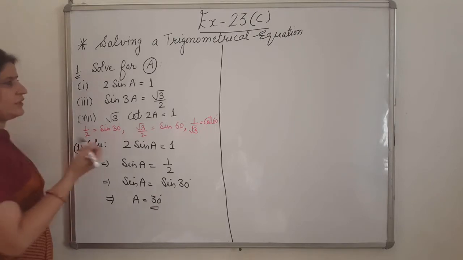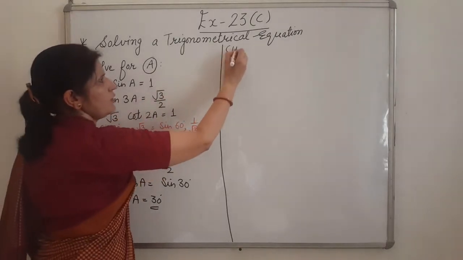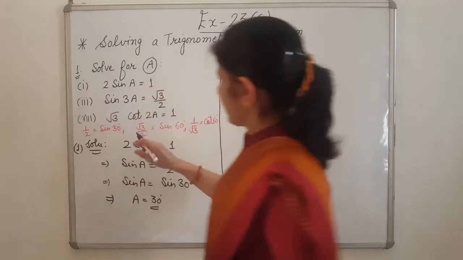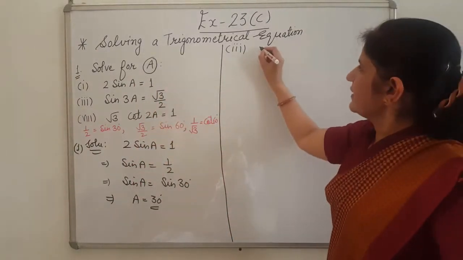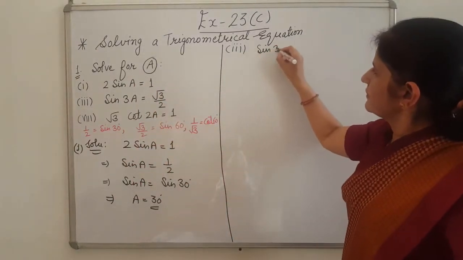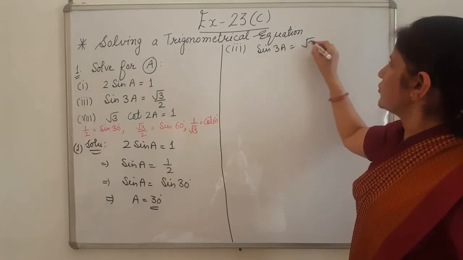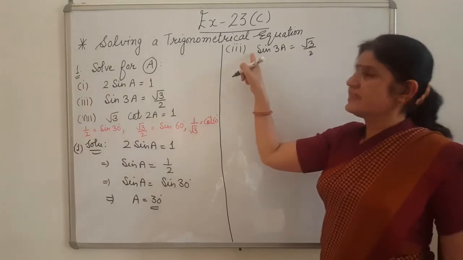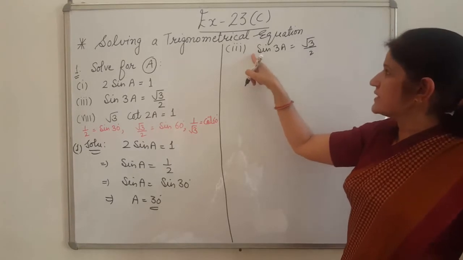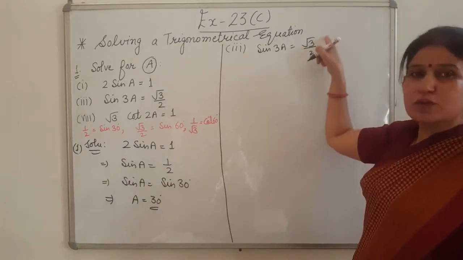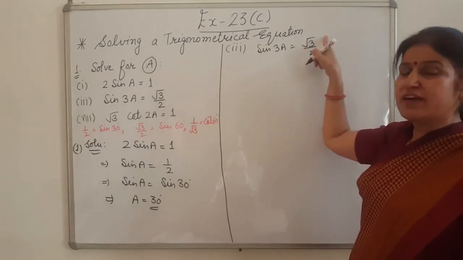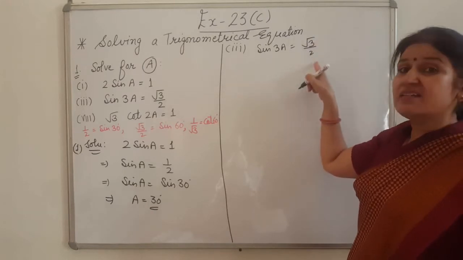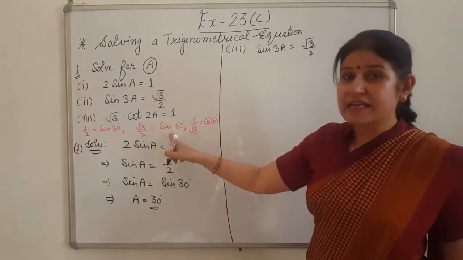Now the third part of this question, what is given? Sin 3A is equal to root 3 over 2. See, before sin there is no term. Now we will take this root 3 over 2 in the table and find the value of sine. For which angle is this? This is sine 60.